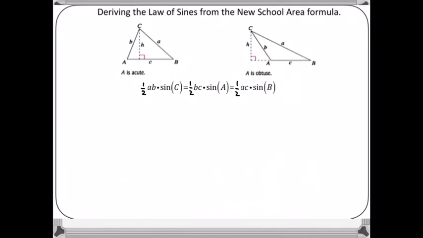We're going to take this extended equality and multiply the entire thing by 2 over ABC. We're going to distribute it into each one of these and see what happens from there.